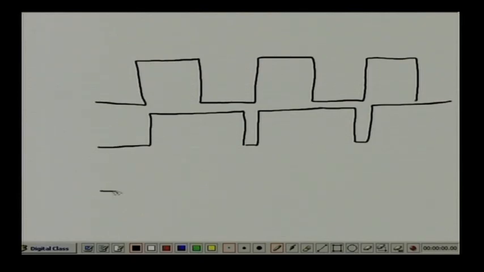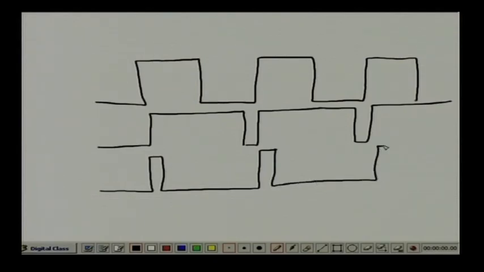Or we can have another wave. You see here, in all the three cases the average value will not remain the same.